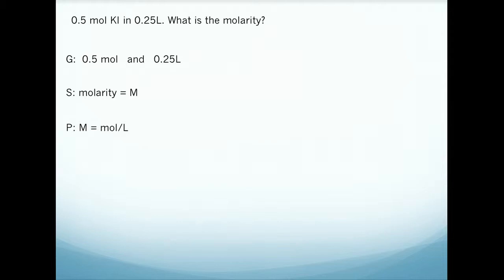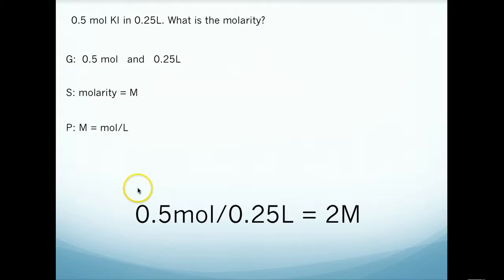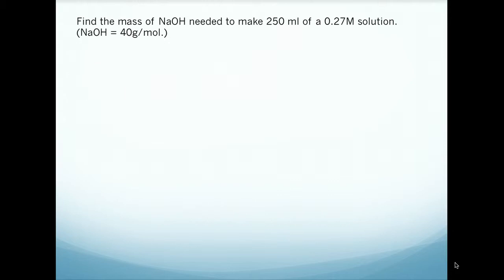Molarity is equal to moles over liters. And since we're solving for molarity, we don't have to rearrange that. So now 0.5 moles divided by 0.25 liters is going to give you a 2 molar solution. So this tells us exactly what the concentration is, 2 molar.